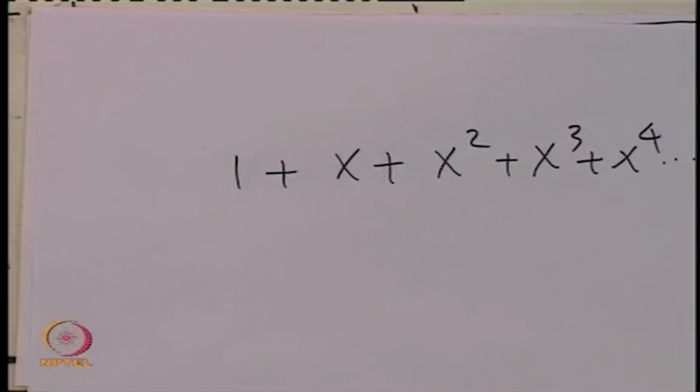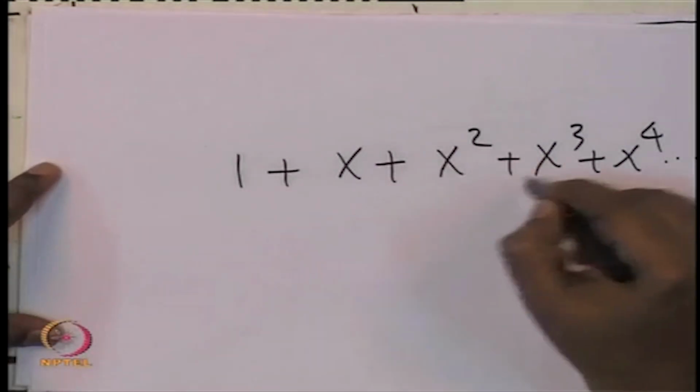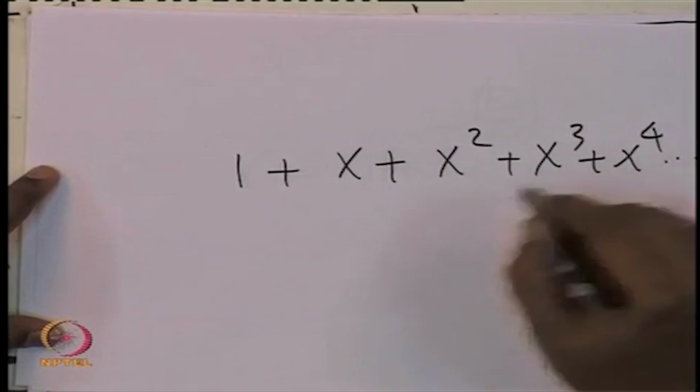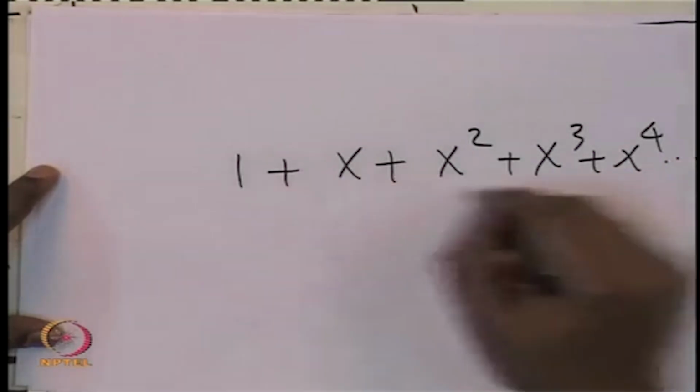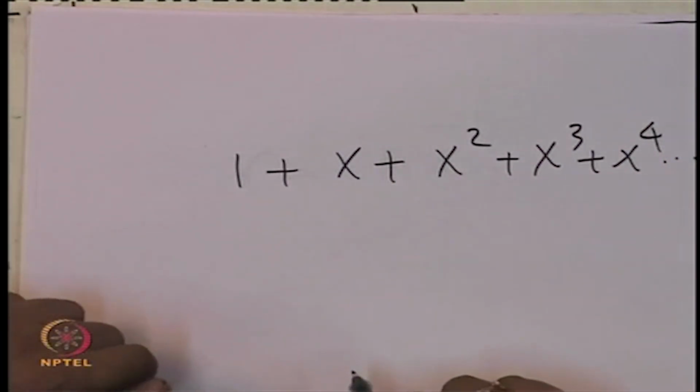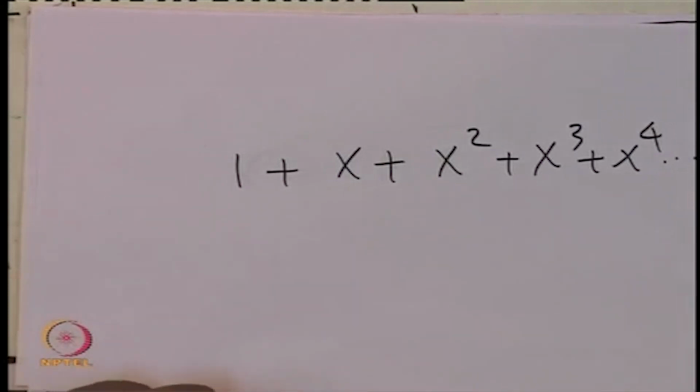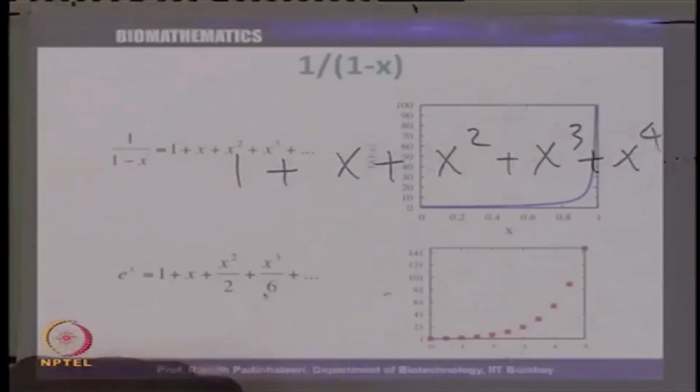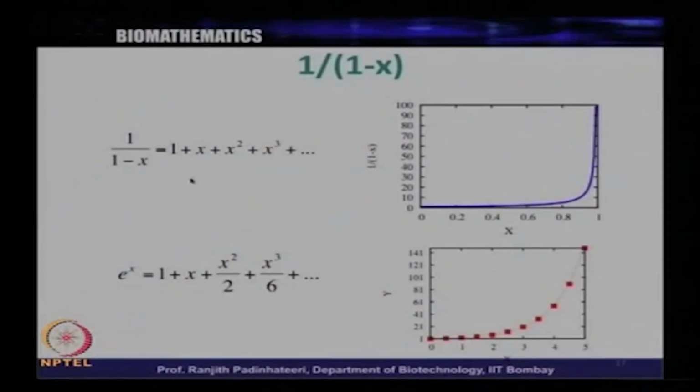When we said e power x, we had some coefficients here divided by something, but without any of this, if we just write this, does this give anything? It turns out that it does. Let us have a look at this. If you add 1 plus x plus x square plus x cube and so on and so forth, you get a function called 1 by 1 minus x.